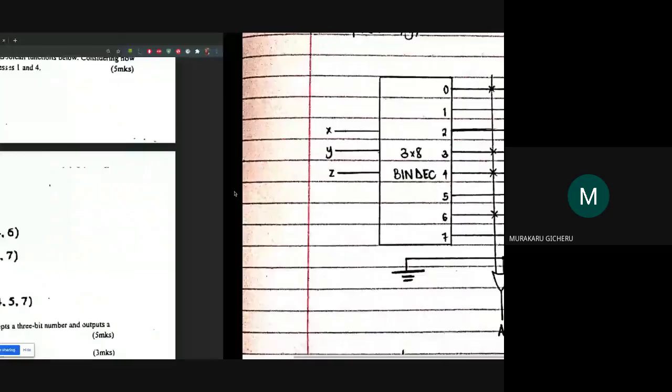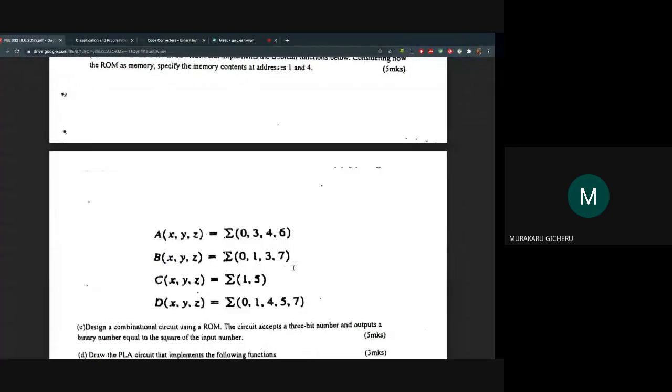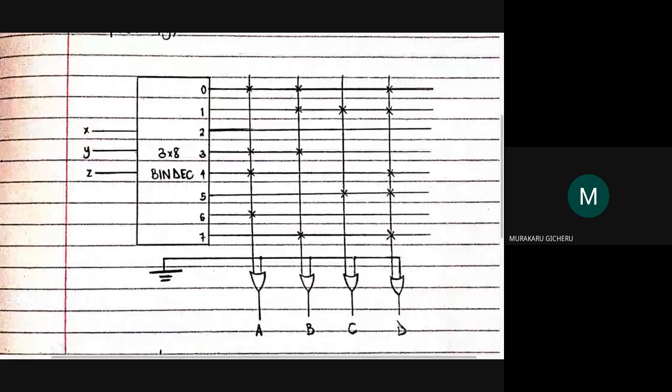And then B from the question is also the sum of min terms 0, 1, 3, and 7. So we'll just make our links at 0, 1, 3, and 7. The connection for C is 1 and 5. So we'll make our connections at 1 and 5. And for D, they're at 0, 1, 4, 5, and 7. So we'll make our connections at 0, 1, 4, 5, and 7.